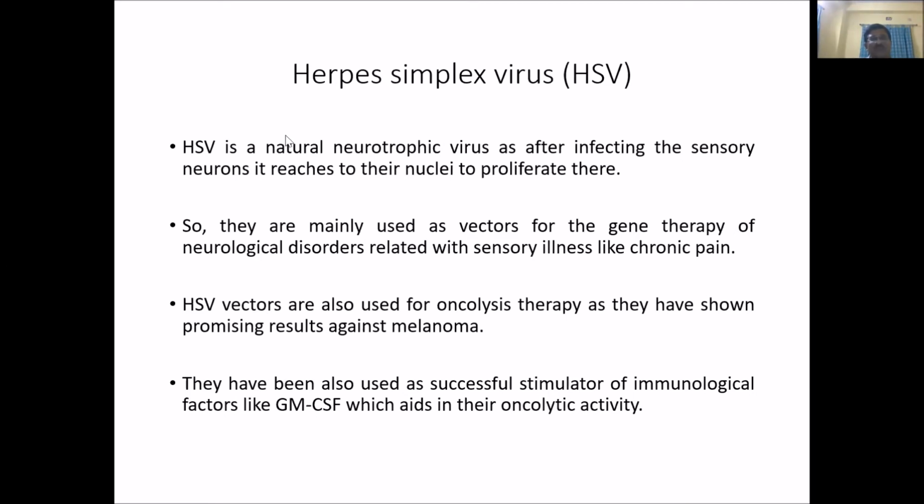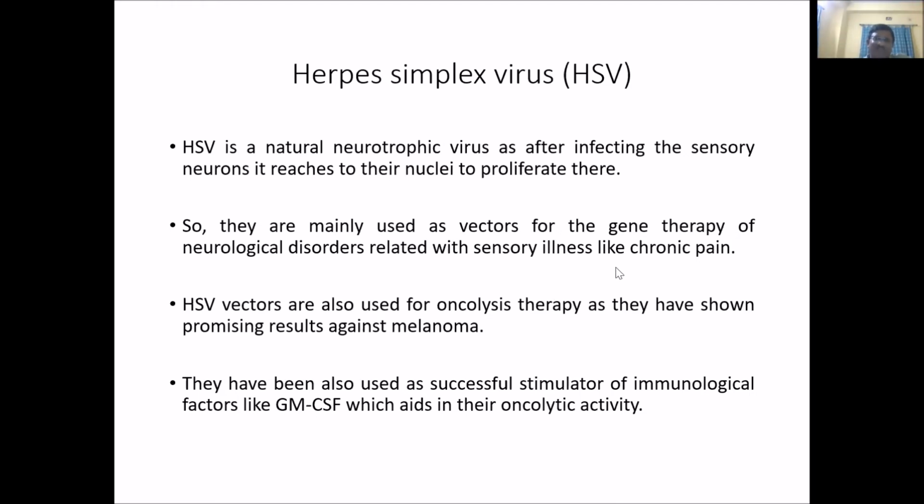The third important DNA virus is the herpes simplex virus. This is a natural neurotropic virus, and hence its importance is mainly with neurological disorders like sensory illnesses, like chronic pain.